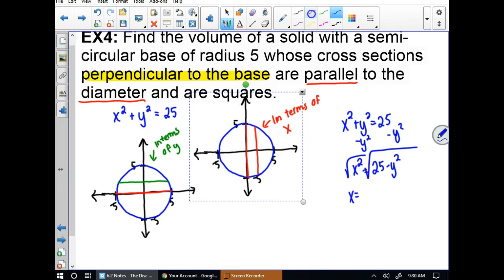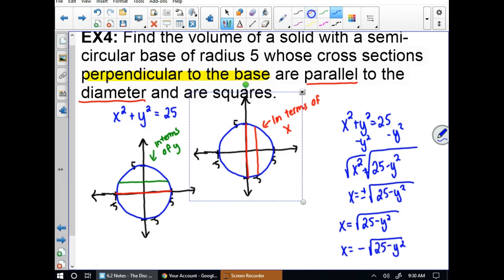So x would equal plus or minus the square root of 25 minus y squared. So that's really two equations. x equals positive square root of 25 minus y squared, and x equals negative square root of 25 minus y squared.